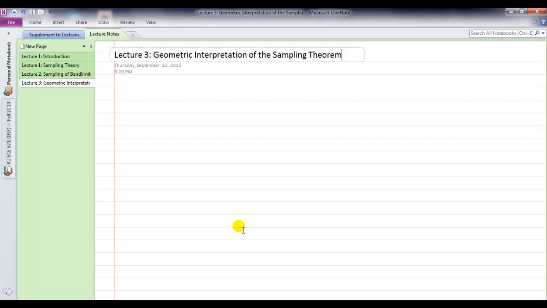In the last lecture, where we left off was that we had finished proving the sampling theorem. Once you have the samples x of n, you just take those samples and convert them into an impulse train.